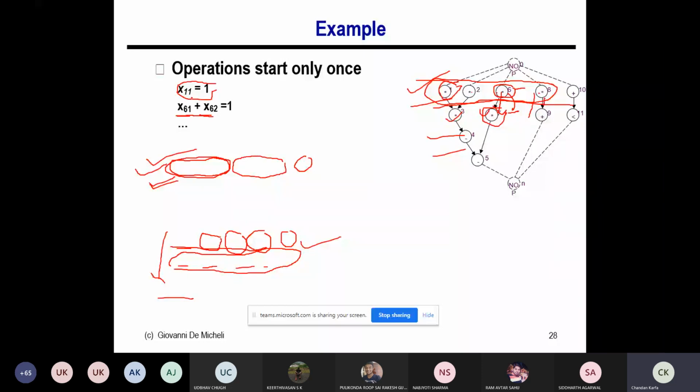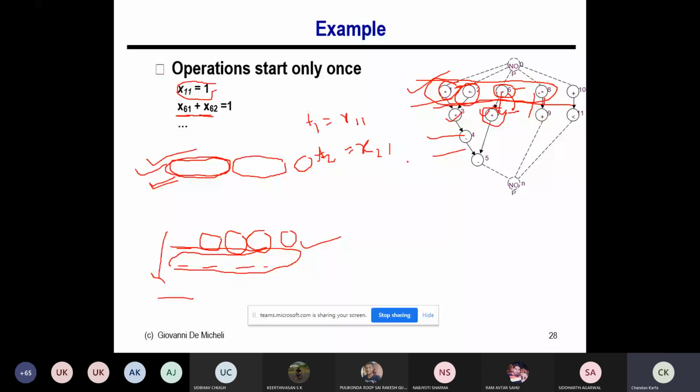So T1 is basically x11. What is T2? T2 is similar, it can only be scheduled here, so T2 is nothing but x21.